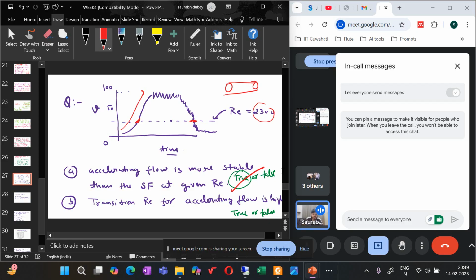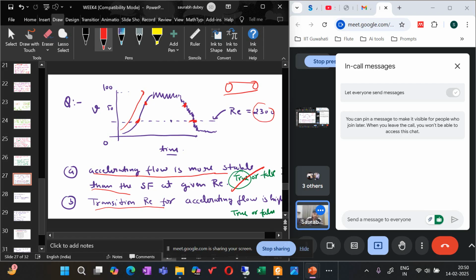And if accelerating flow is more stable, then yes, if it is accelerating, you may be having these points here. So at a given Reynolds number, if the Reynolds number is fixed, obviously the accelerating flow will have more stability, right?